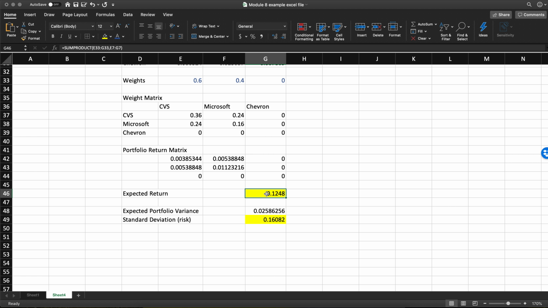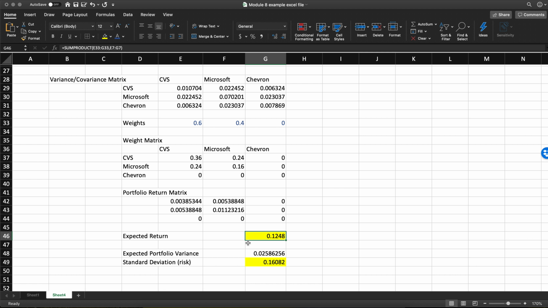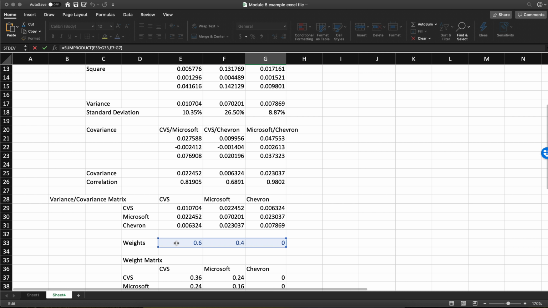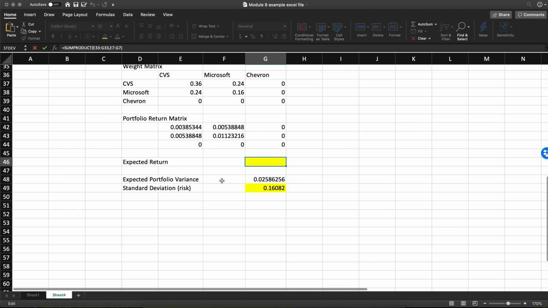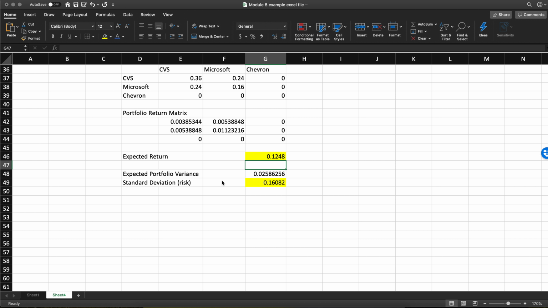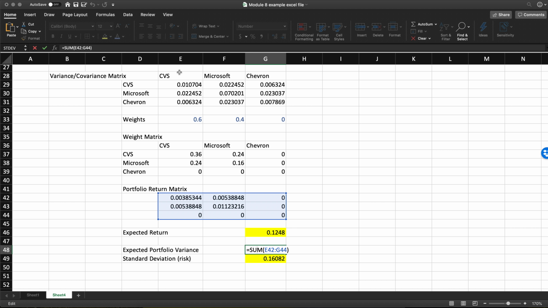So intuition, end of the day, sort of what I want you to take home from this. The expected return on this portfolio is a function of the weights. So we bought 60% of our portfolio in CVS and 40% in Microsoft, and we multiplied it by our expected return for each of those assets. The standard deviation, or the risk, is the sum of the variances and covariances multiplied by the weight matrix, which is the weight squared.